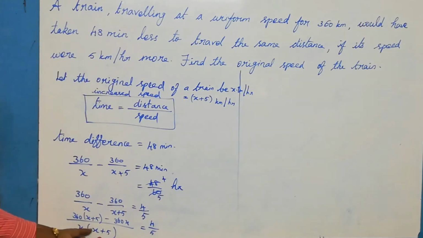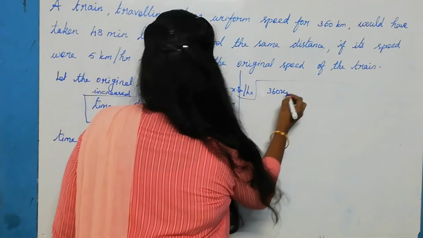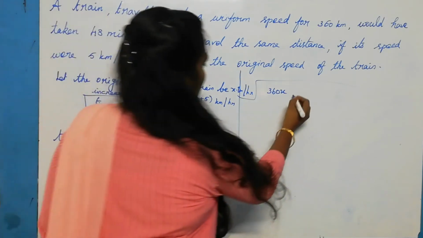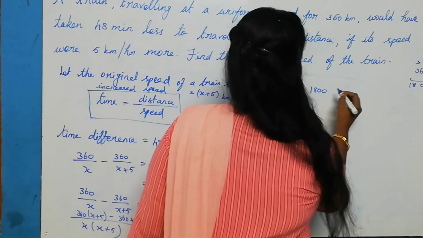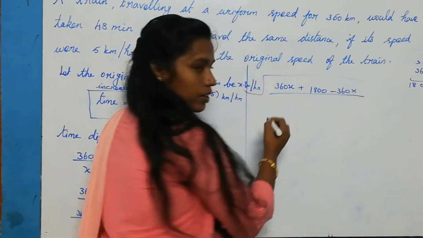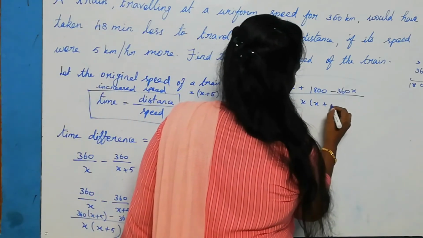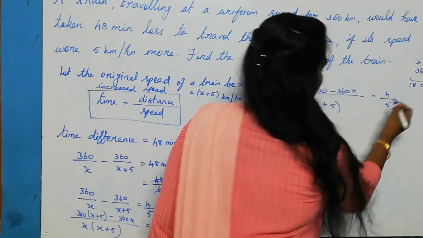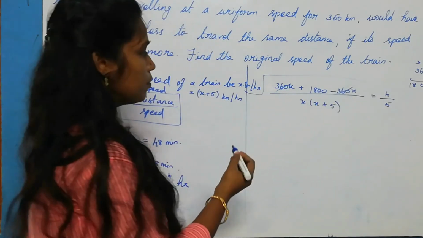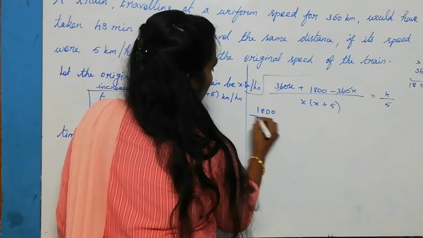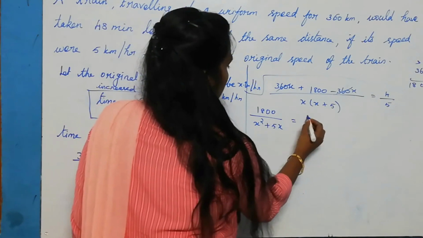Then what's the numerator? 360x plus 360 into 5, 1800, minus 360x divided by x into x plus 5, that is equal to 4 by 5. Okay, 360x minus 360x get cancelled. So 1800 divided by x square plus 5x, that is equal to 4 by 5.